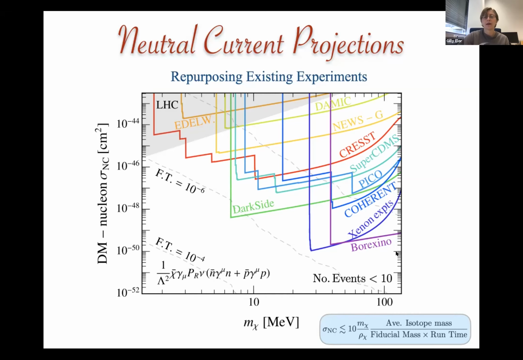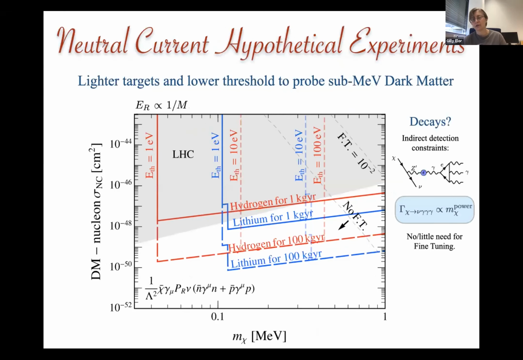Okay. Now, if we do want to consider more theoretically appealing models, we would need to go to even lighter dark matter searches, because this decay rate is going to scale as the dark matter mass to some power. So there are no experiments really looking for very light dark matter in this context, but there are some proposals.